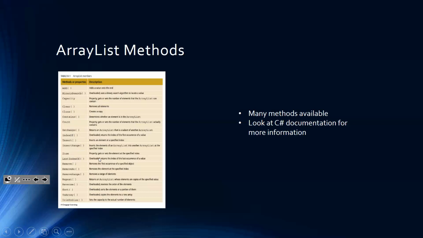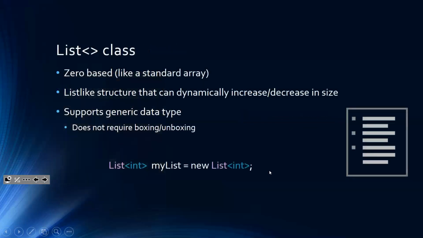LastIndexOf would return the index value of some data type that you're searching for. We could remove things, RemoveAt, sort. We could even convert an array list to a standard array if we wanted to. So all of these methods are available for the array list.